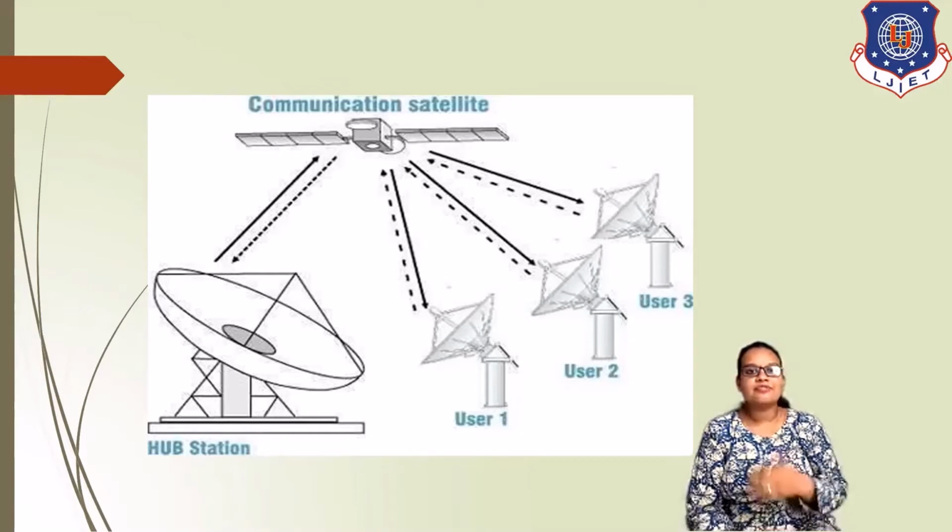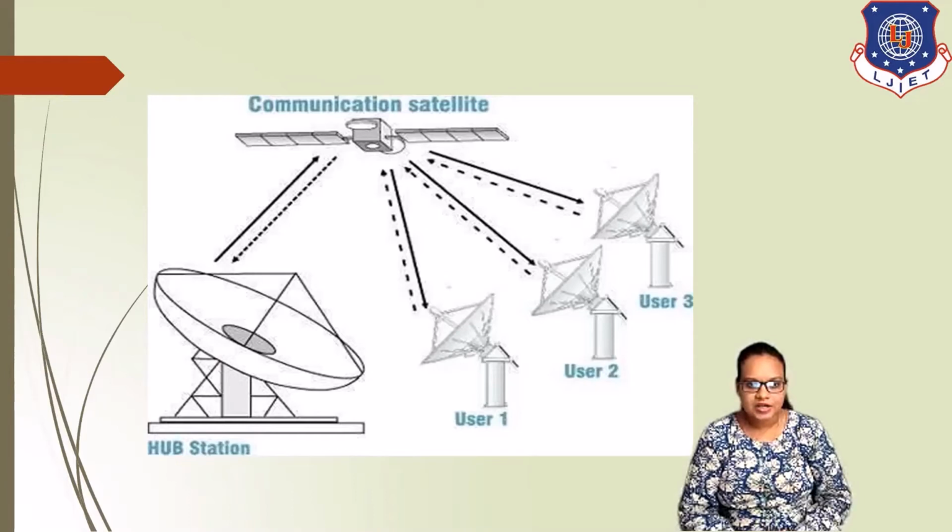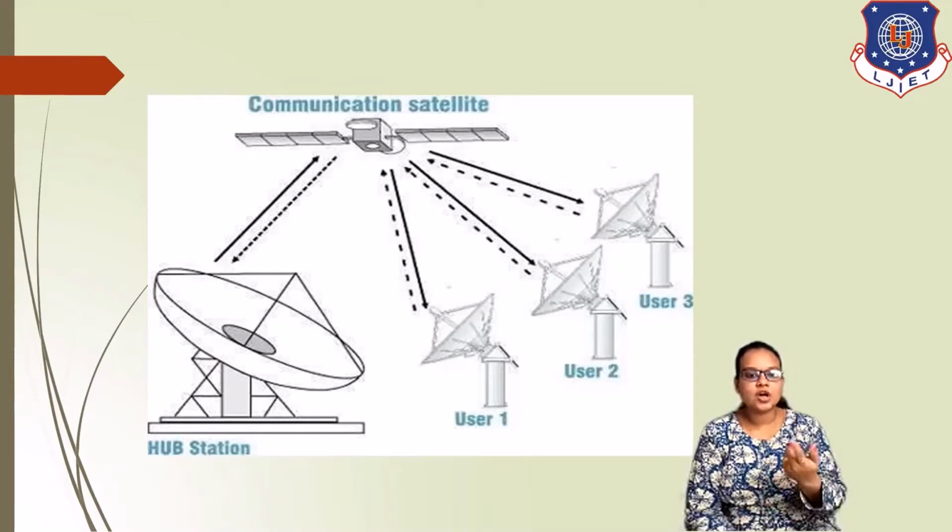But if we are using demand access, then as users change and as a time slot becomes empty, that time slot is allocated to that user as per request by the hub station. In this diagram, the dotted line is for the receiving purpose, and the dark dashed line is for the transmitting purpose.